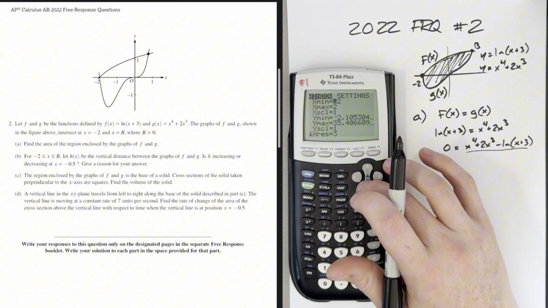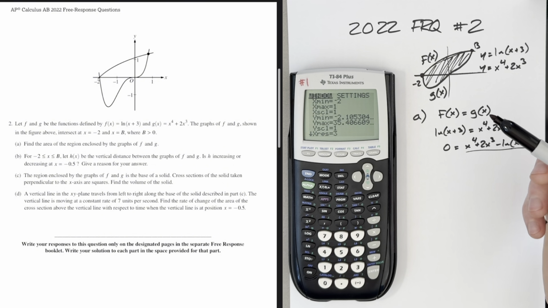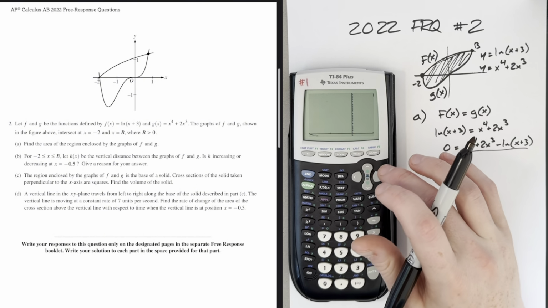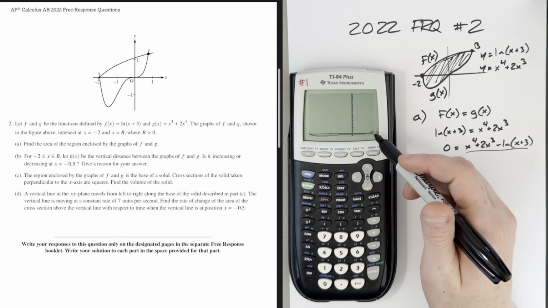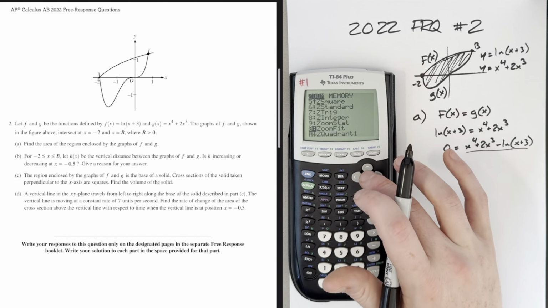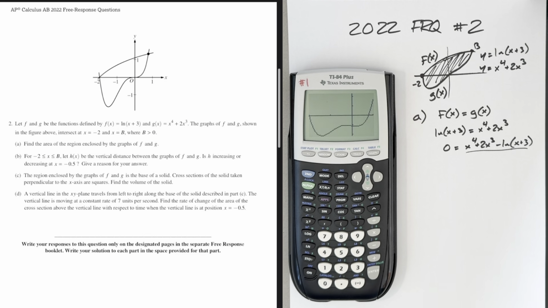I might make my window from -2 to 1, because looking at our graph, we know our point is less than 1 but also greater than 0. It seems like something's going on down there, I just can't see what it is. Let's go down to zoom fit. Okay, now we get something that looks much more reasonable, right?